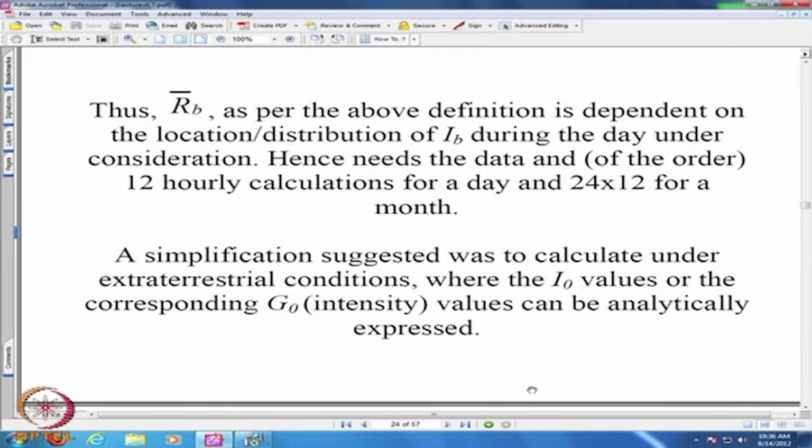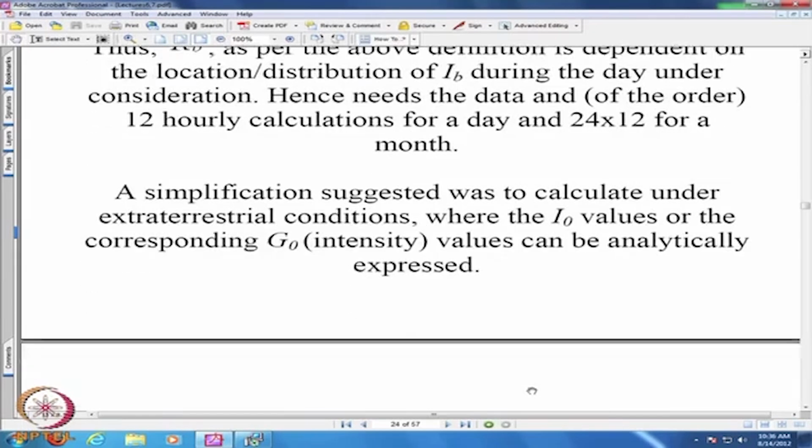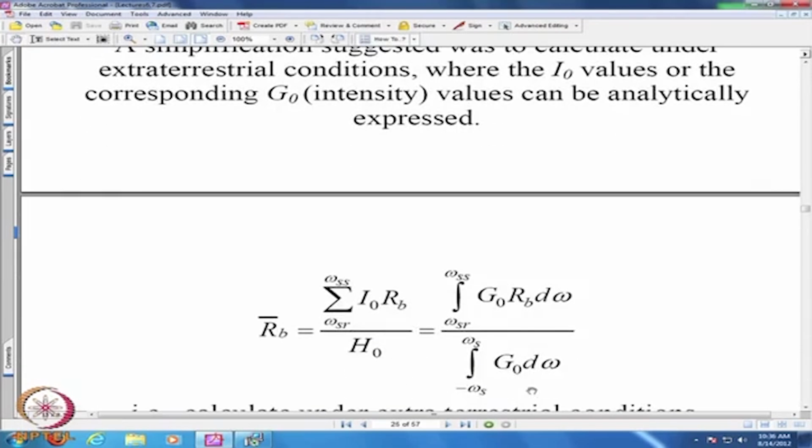And it has been suggested, a simplification is that do not use IB or the terrestrial values, but use the extraterrestrial values like intensity wise G0 or the hourly integrated quantity wise I0. In other words, we replace RB bar equal to IB RB by HB with I0 RB upon H0. There is a justification.